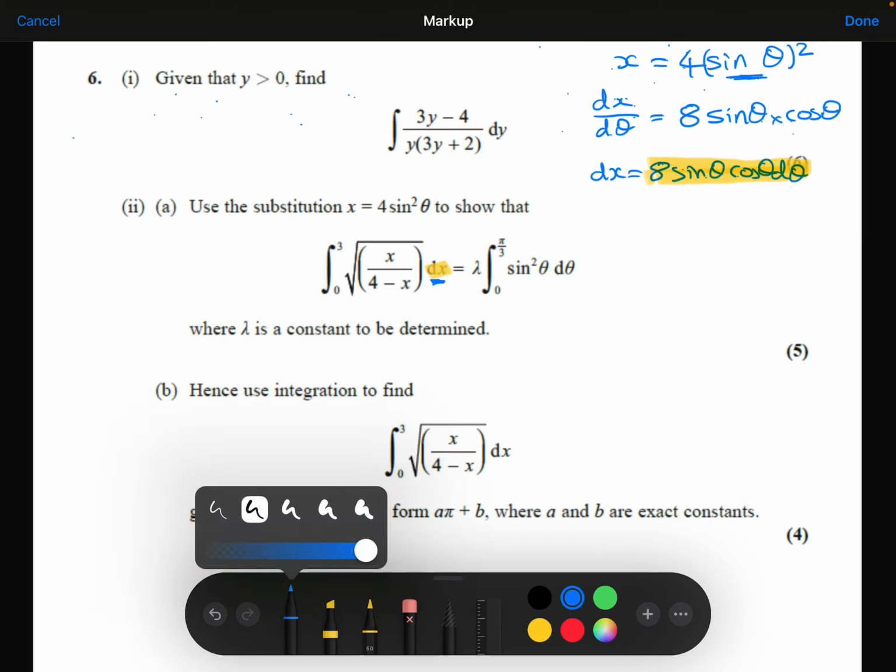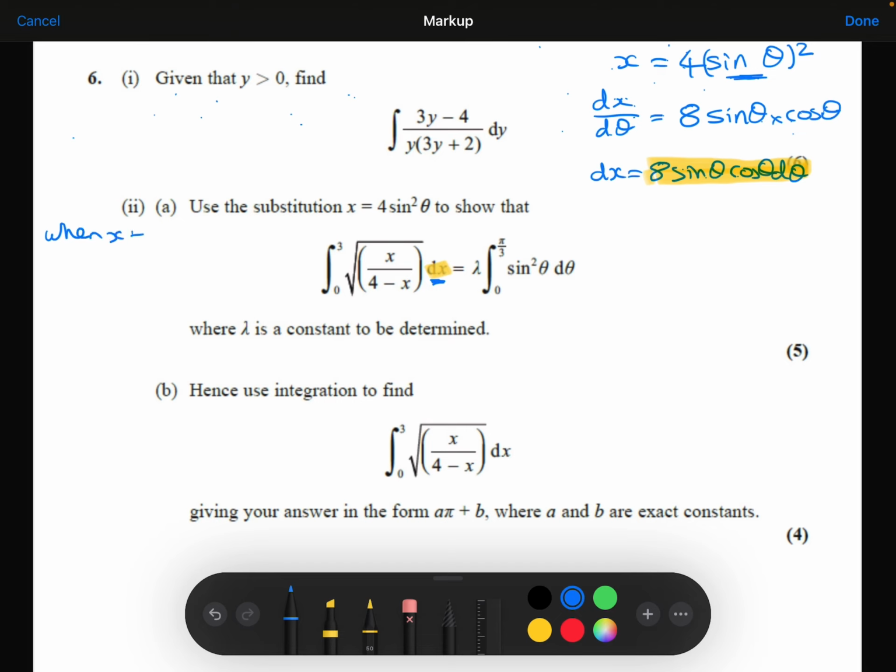I now need to do the limits as well. So when x equals 0 for the lower limit, 4 sine squared theta would have to equal 0. So that means that sine squared would have to equal 0. So sine theta is going to equal 0, which means that theta is going to equal 0.